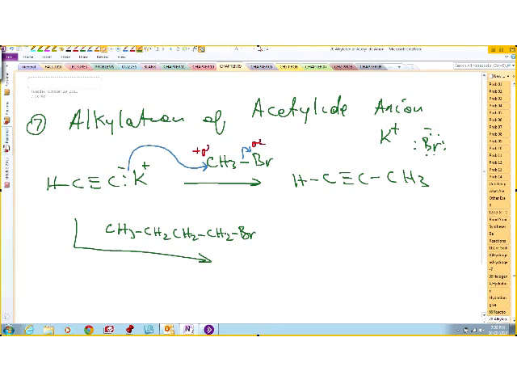Now, we could also do this. There's no limit to what we can do here. We could alkylate this. This could react with this. Let me use a different color here.